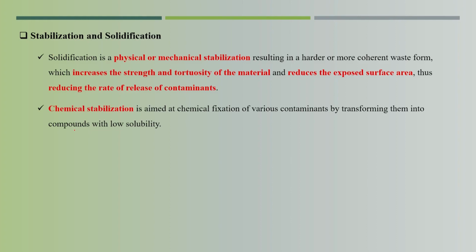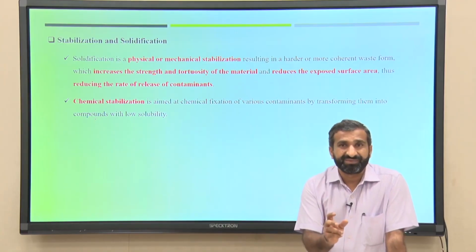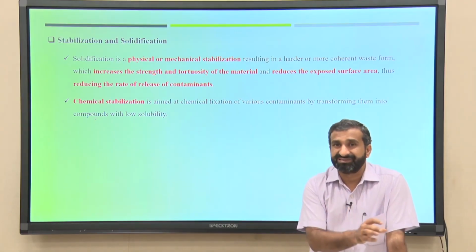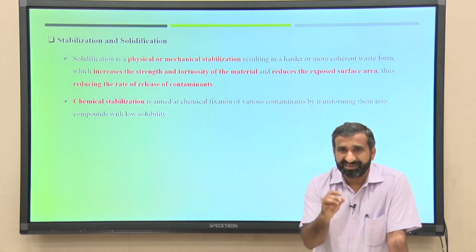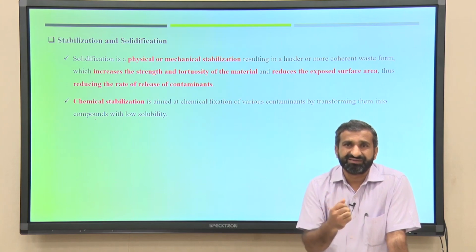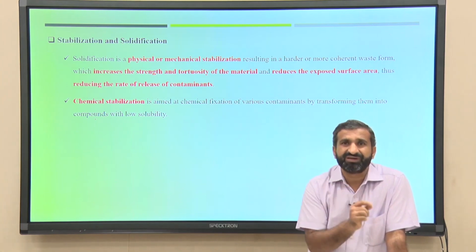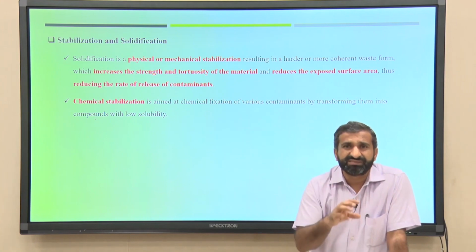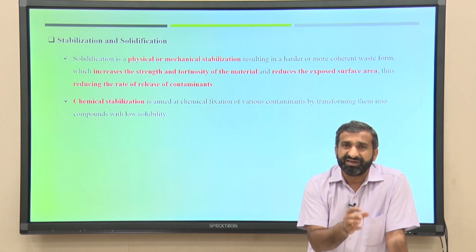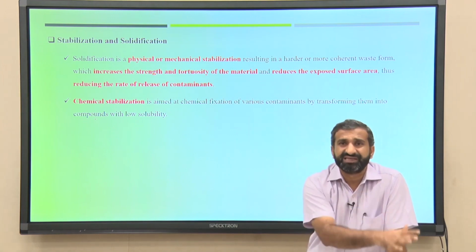Chemical stabilization is aimed at chemical fixation of various contaminants by transforming them into compounds with low solubility. This is also a very important idea. If you reduce the solubility of these metals, the leaching could also be reduced. One idea I am giving is that pH is a very important parameter by which we can reduce the solubility, because mostly these metals get solubilized at lower, or acidic, pH.